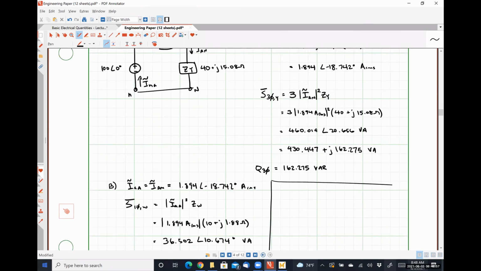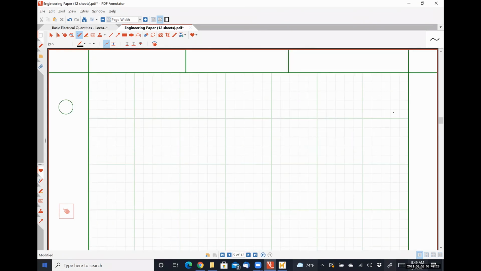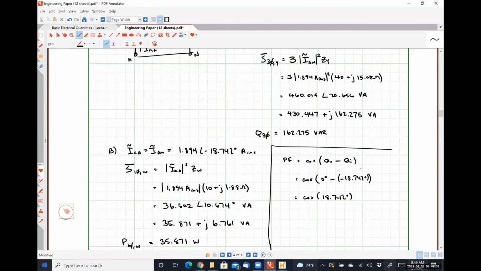So our power factor in this case, cosine of theta V minus theta I, would just be the cosine of 0 degrees minus negative 18.742 degrees, or cosine of positive 18.742 degrees, which is 0.947. Is this a lagging or leading power factor? It's lagging, because the angle is positive.